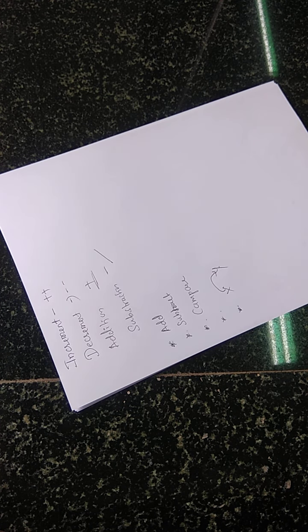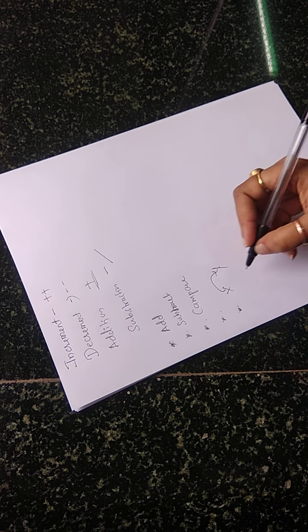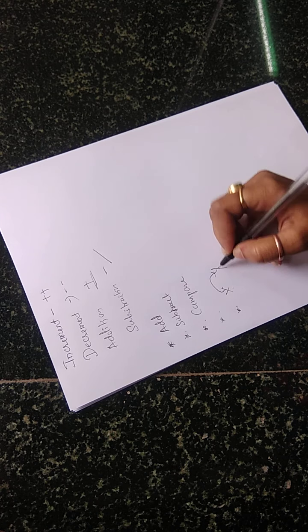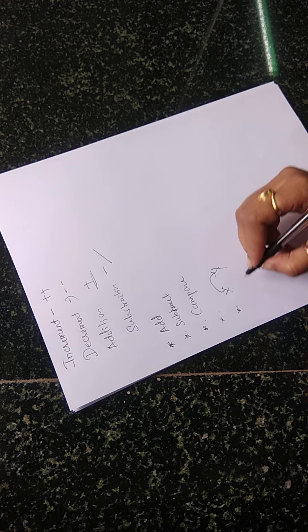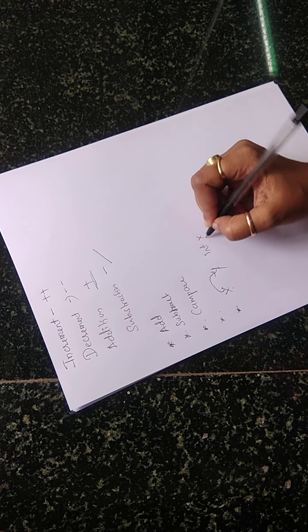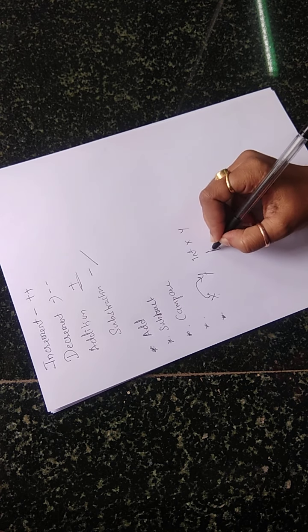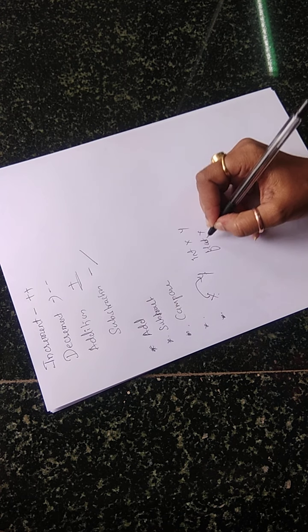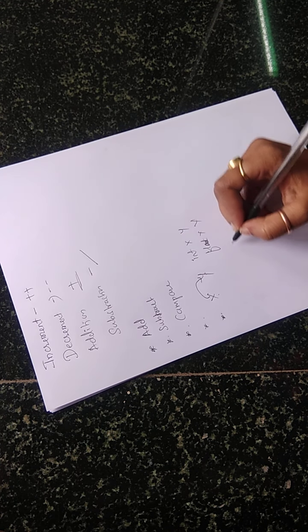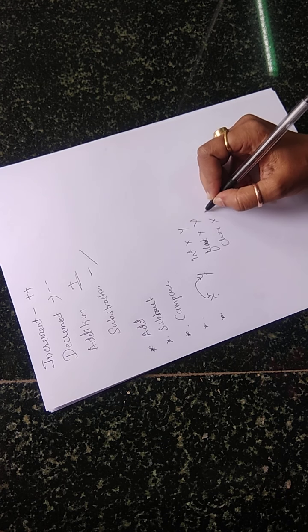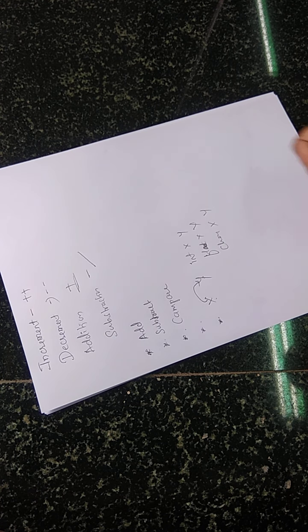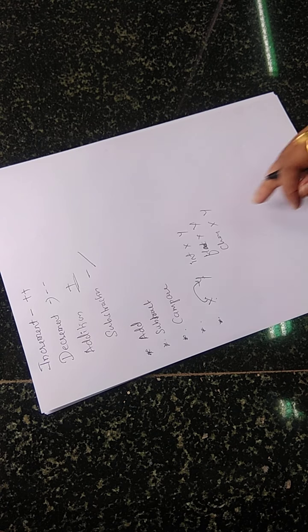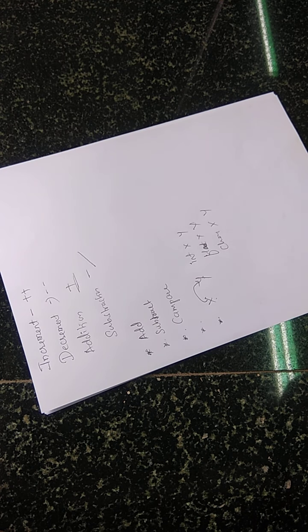That is possible, but both x and y should be of the same data type. If x is int, then y should also be int. If x is float, then y should also be float. If x is char, then y should also be char. Only then is it possible to assign one pointer variable to another.